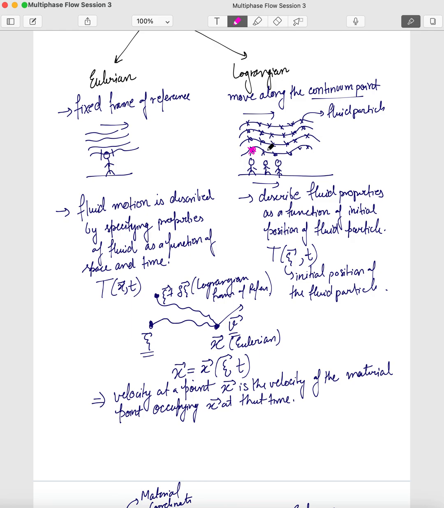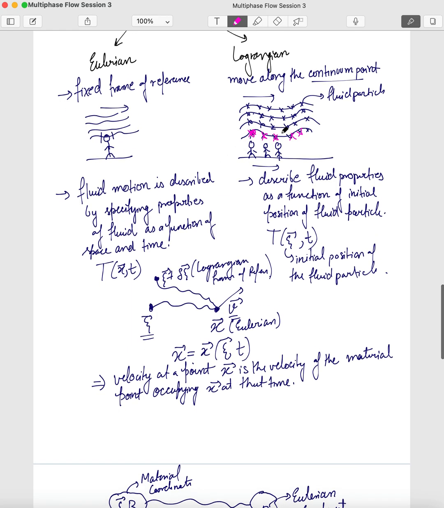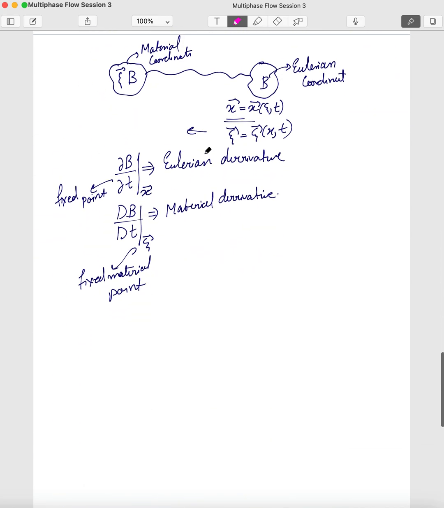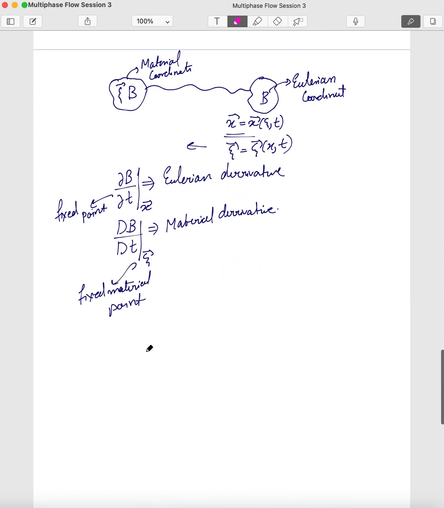Let's say we have fixed this, then we are following this after this, and we are going here, here. So in one case we fixed our position, in another case we have fixed the particle. So basically we are going to relate these two.